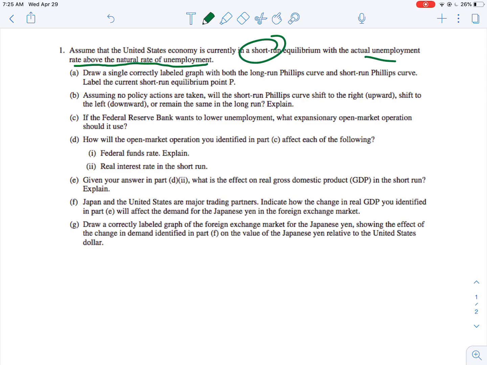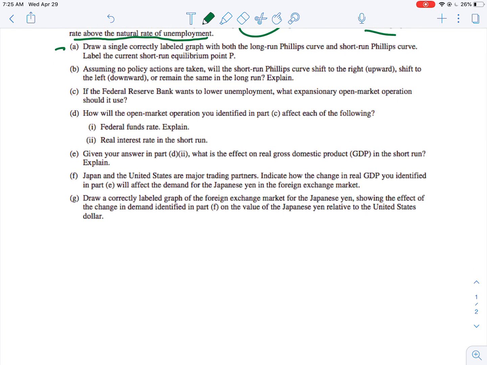Okay? So for A, draw a correctly labeled graph with both the long run and short run Phillips curves. Label the short run equilibrium point P. For the Phillips curve, we have the inflation rate on one side. We have to write inflation; we can't do IR because that implies interest rate.